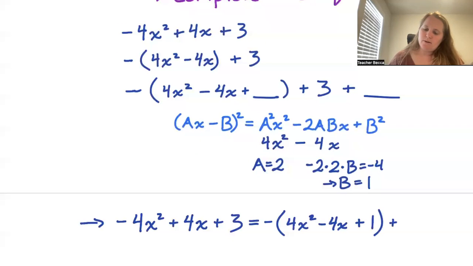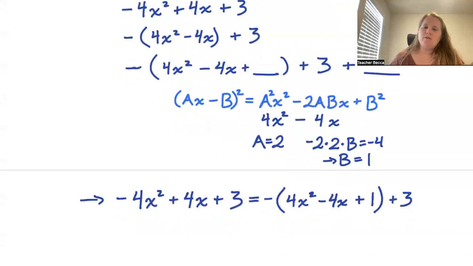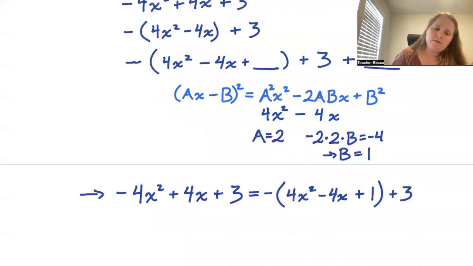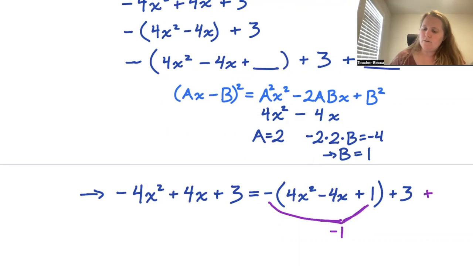We still had our plus 3 originally, but now to balance out, this is negative 1, so to cancel out the negative 1 we added in, we should add 1.